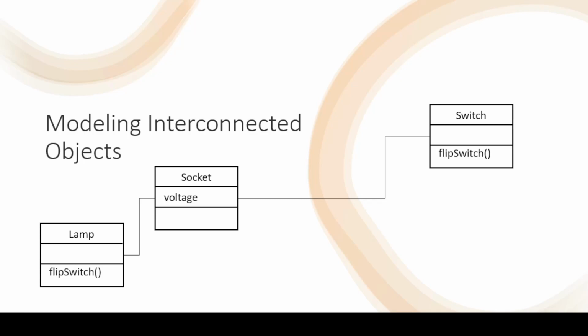A lamp doesn't care where its voltage comes from. It doesn't care if it's a coal powered plant or if you're sitting there chugging along on an exercise bike giving it its voltage. It's going to have light on as long as its switch has been flipped, if you will. And that's a really powerful part of working in objects, the ability to create such models for us.